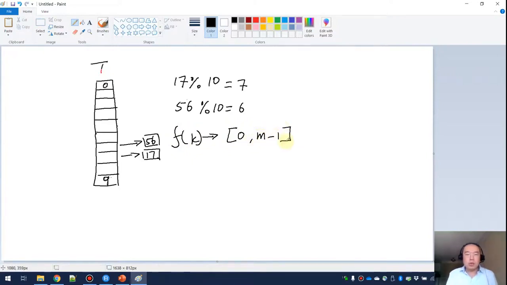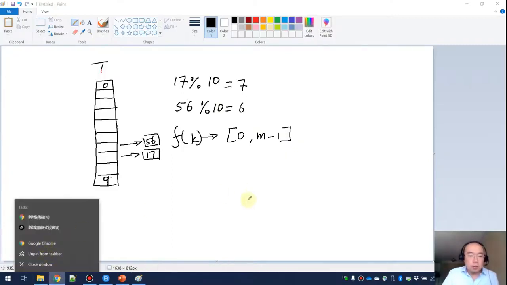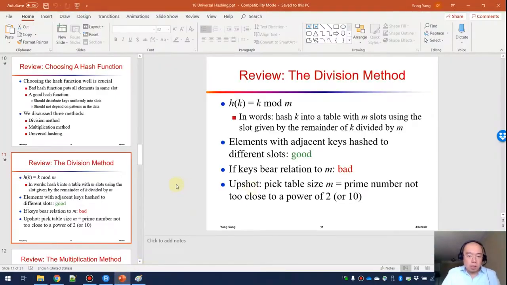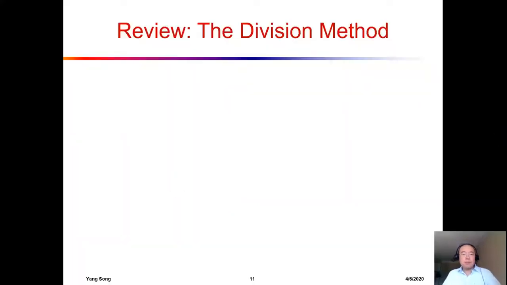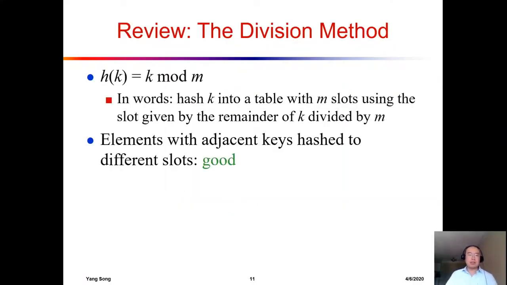I'm using square brackets because both 0 and m minus 1 are included in this range. That is the division method.